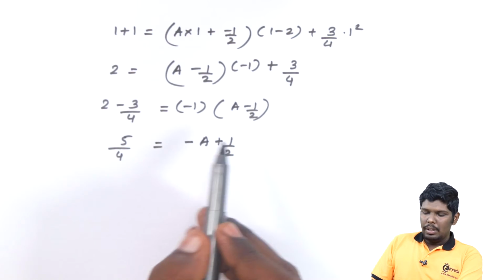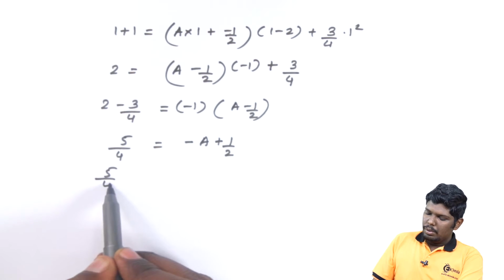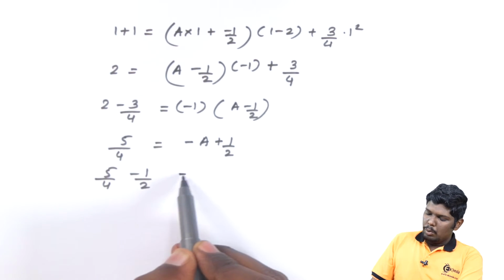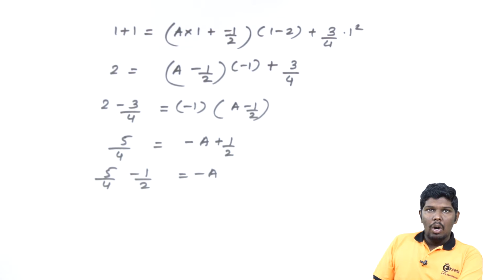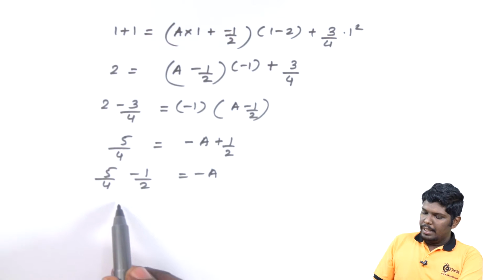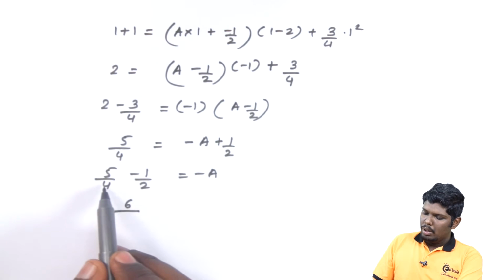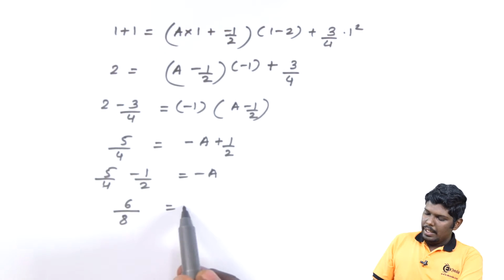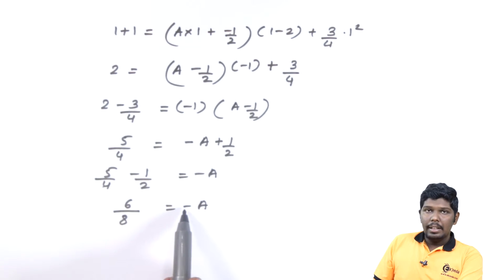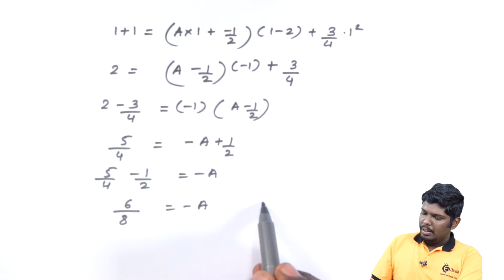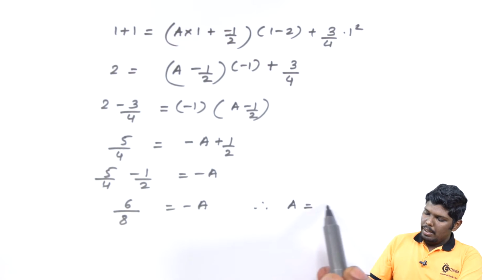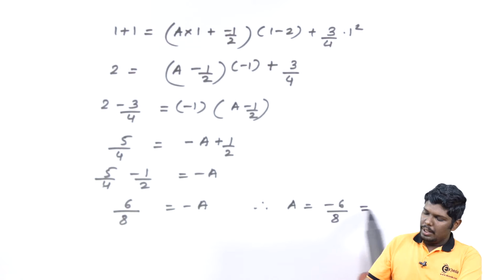Taking this plus half on the left hand side, we have 5 by 4 minus half is equal to minus a. On solving it further, we have 10 minus 4, that is 6 upon 4 2s are 8, that is minus a. Let us take this minus sign on the left hand side. Therefore a will be minus 6 upon 8, that is equal to minus 3 upon 4.